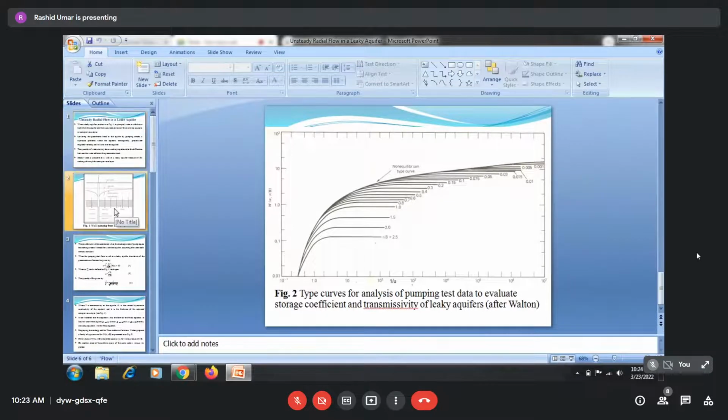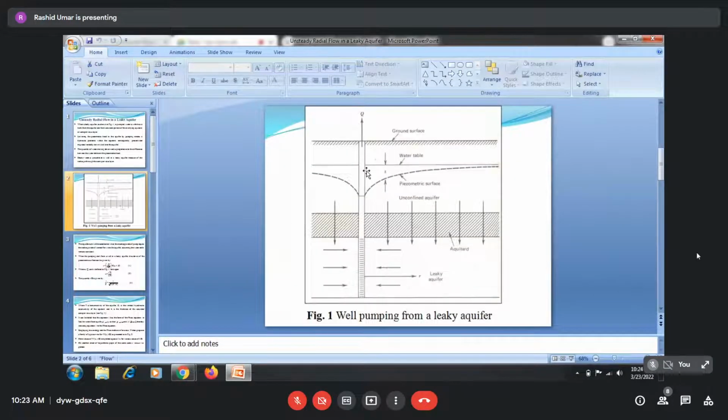We will have a pumping well here, which is tapping the leaky aquifer, and above this there is an unconfined aquifer. We are not involving the water contained in the unconfined aquifer. This dashed line shows the screen portion of the well, so any water coming to the well is from this particular aquifer.